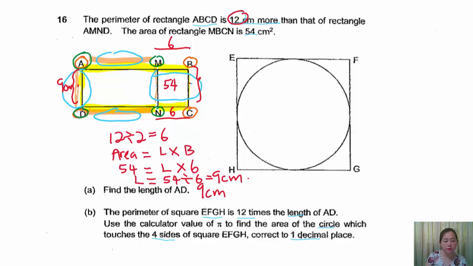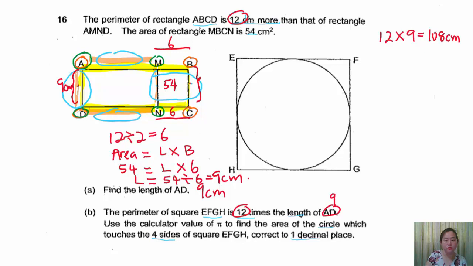To find part B, it says that the perimeter of the square is 12 times the length of AD. So 12 times the length of AD means if AD is 9, 12 times 9, which is equal to 108 cm.